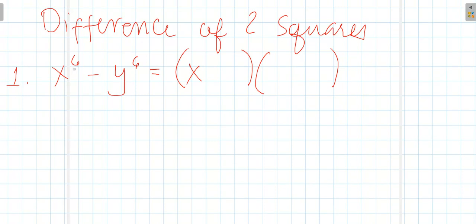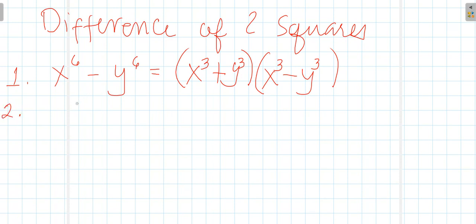So the exponent here will be divided by 2. So 6 divided by 2 is equal to 3. So this is also 3. And since this is a difference, we have positive and negative. Same, we have here y, 6 divided by 2 is equal to 3, and we just copy y cubed. So this is now your difference of squares. That's the answer.